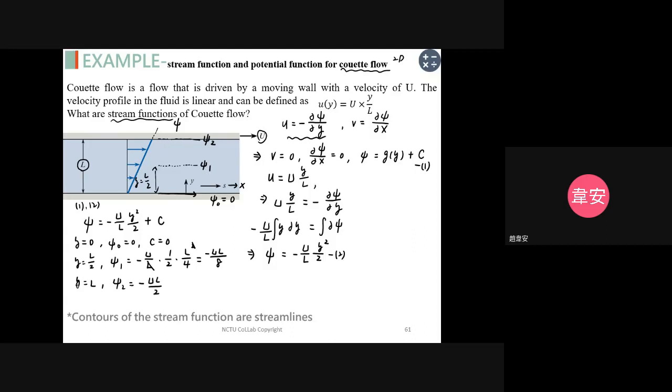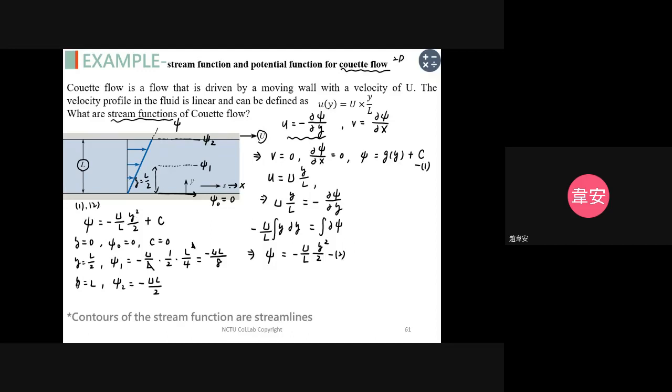They are parallel to the x direction, because the ψ function doesn't change with x increasing, but changes at different y values.